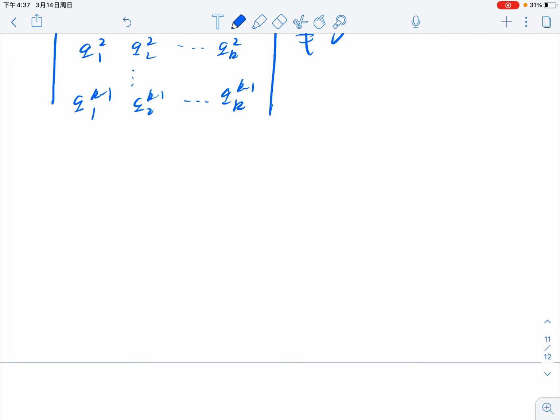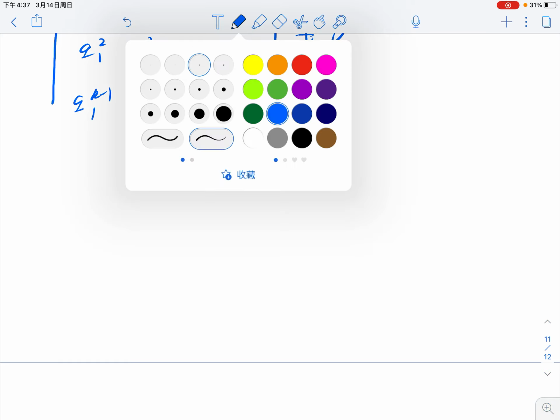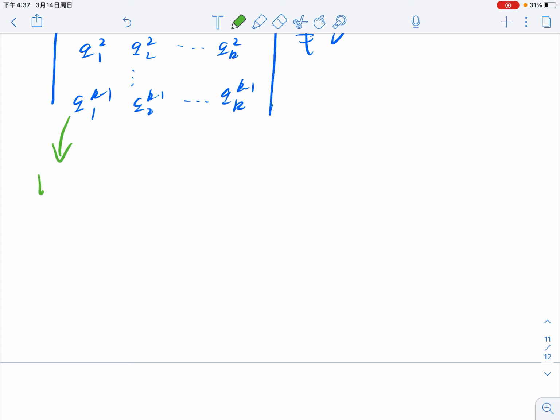Okay, so if this is true, why is this true? This is the so-called Vandermonde determinant. And you can actually compute it.